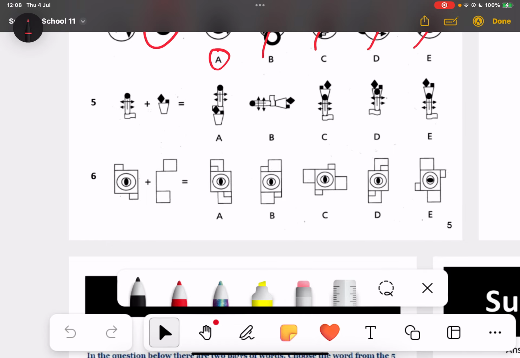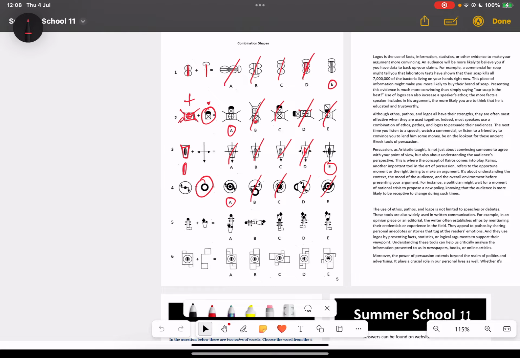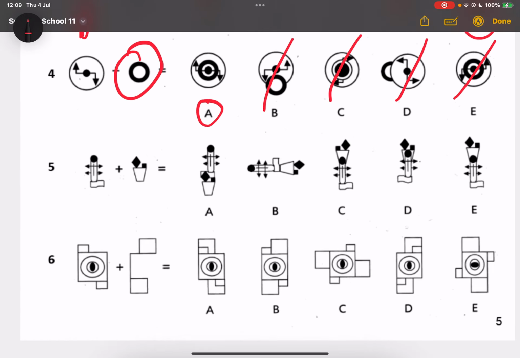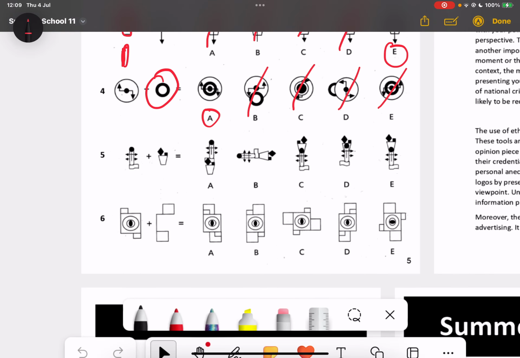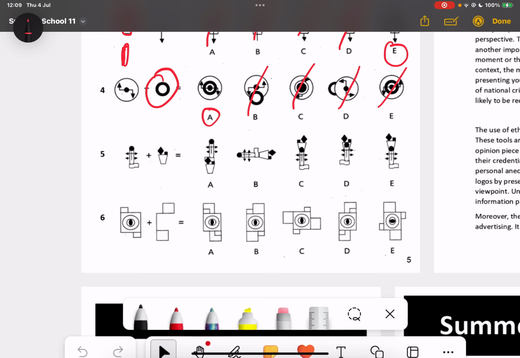With 5, this one's getting a bit more complicated. So with the combination shapes, they generally get harder when there's more parts of the shape. Now with this one, you have a flag-like shape at the bottom, and then you have an overlapped double-headed arrow here, and then double-headed arrow overlapping the center shape there, and then you have a circle with a vertical line in the middle.